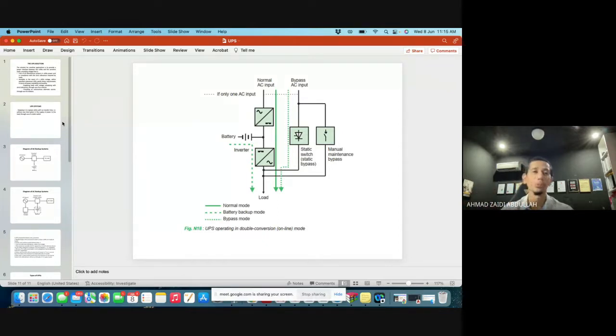So UPS is the same as designing a DB. Let's say you have a number of essential loads, and then you just add 20%, and from that you convert into kVA, and from there you download the data sheet of the UPS. You find out from there which one is a suitable size for your project.